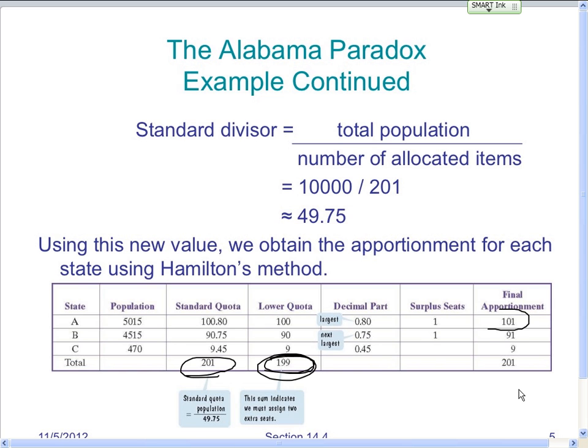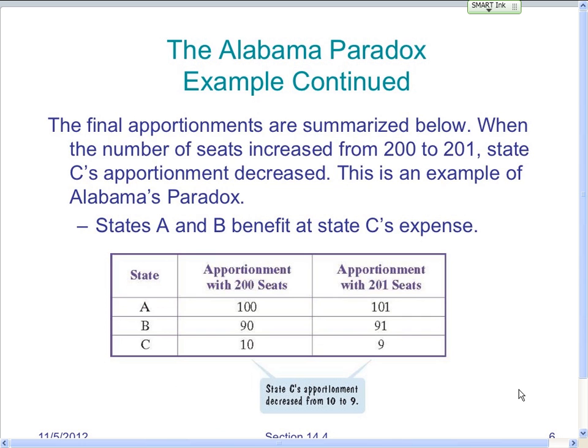So we'll give 1 to A, and we're going to give 1 extra to B. Well, originally, we gave the extra seat to state C. Well, we didn't give an extra to state C this time, so their number of congressmen went down from 10 to 9. Even though there's 1 extra seat in Congress, they lost a seat in Congress. So that's bad. That's called the Alabama paradox.